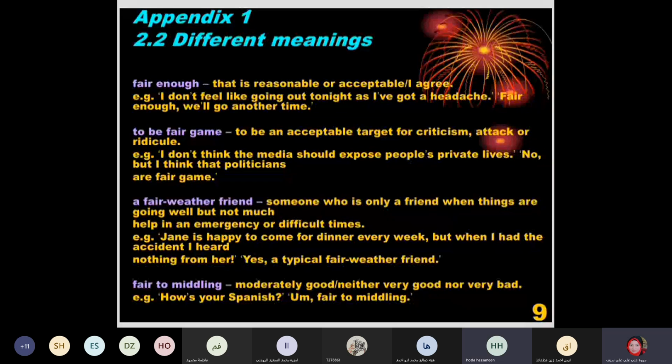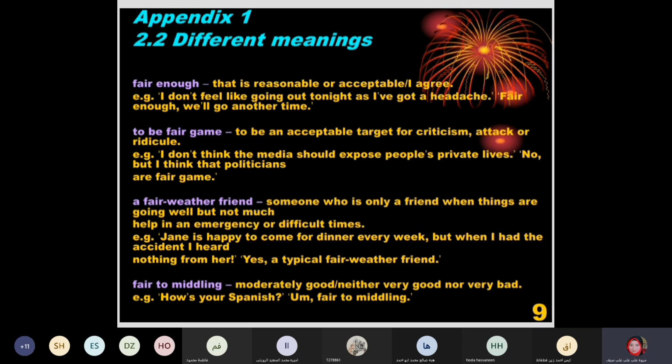This is an idiom. Somebody wrote in the chat box, the answer is correct here: because this is an idiom, and in idioms it's difficult to find the actual meaning of this word. We consider the meaning as a whole unit, the whole shape. Yes, very good. The whole unit.